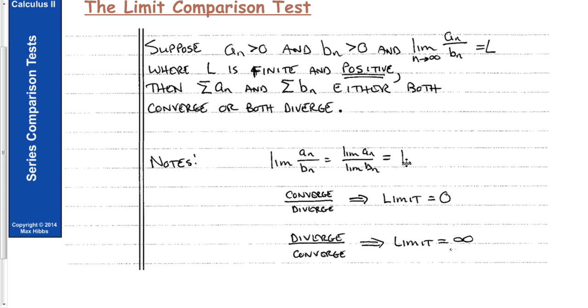So that tells us that we can't have this go to 0 and this not go to 0. Now, 0 over 0 is indeterminate, and that might not be 0, but we can't have a 0 result here and a non-zero result here. So that tells us that we can't have one converge and the other diverge.